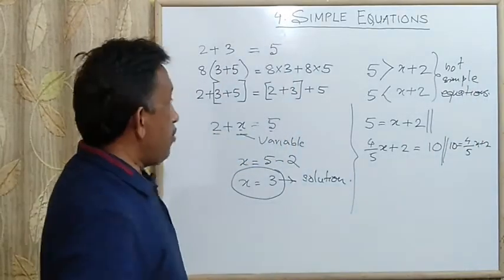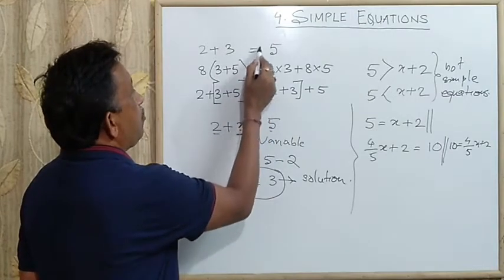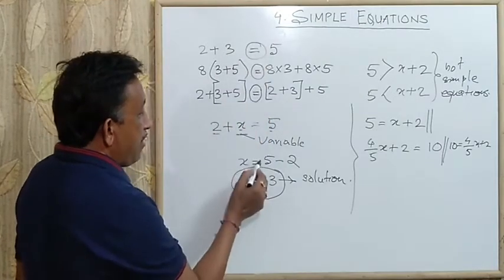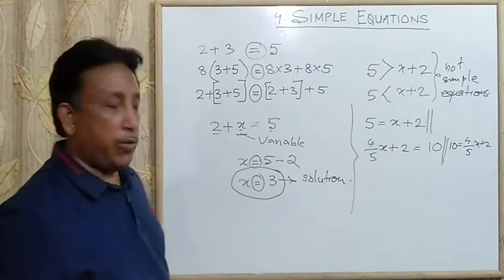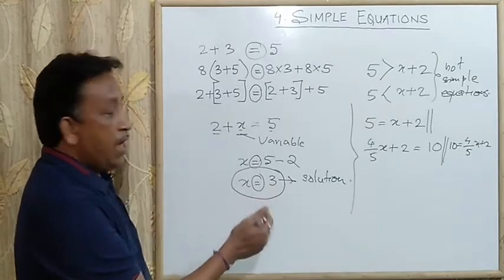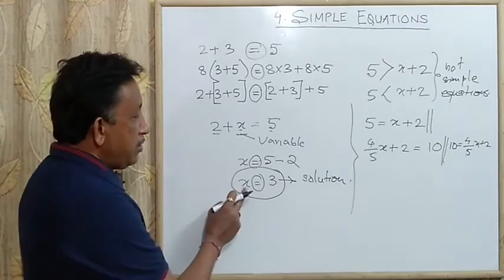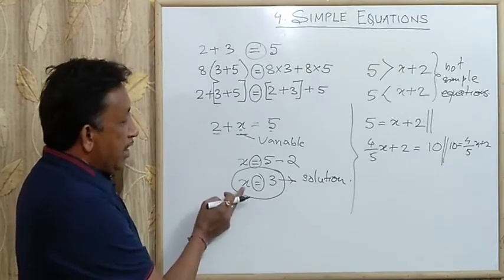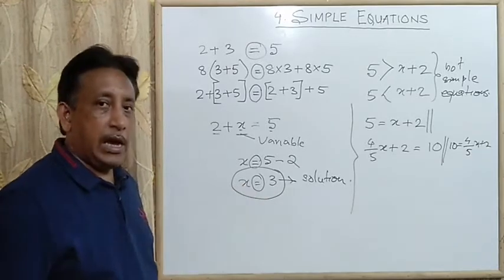If it is a simple equation, it must have an equal to sign. It must have an equal to sign for this to be called a simple equation. Now see, this also is a simple equation. This is in a very simple form. x equals 3 is also a simple equation, because I am using a variable here and this statement contains an equal to sign.